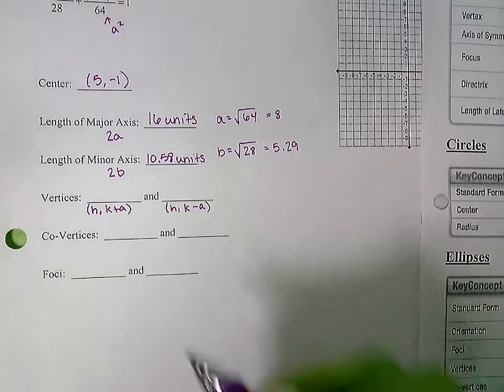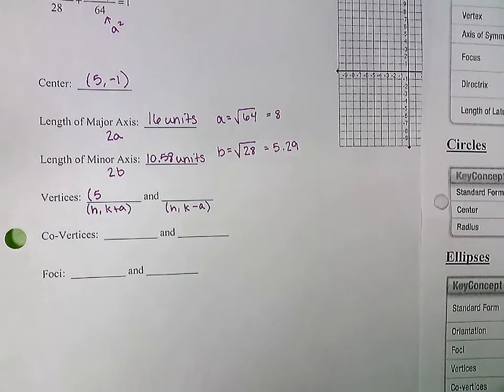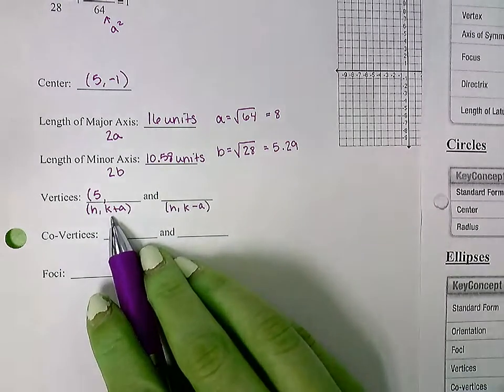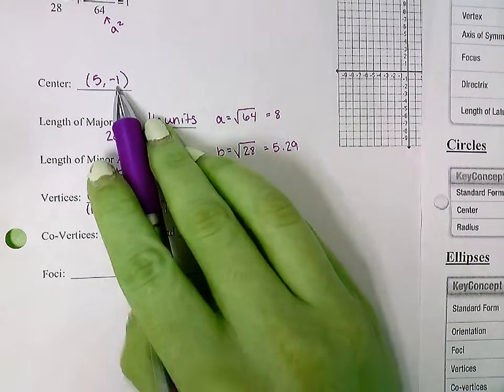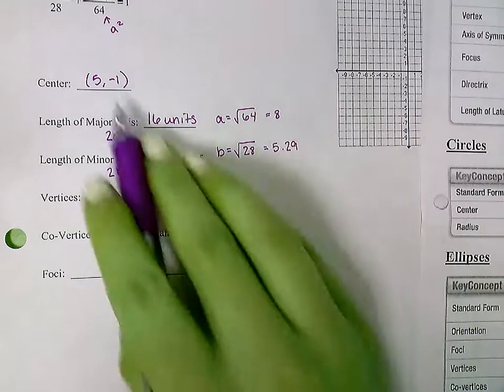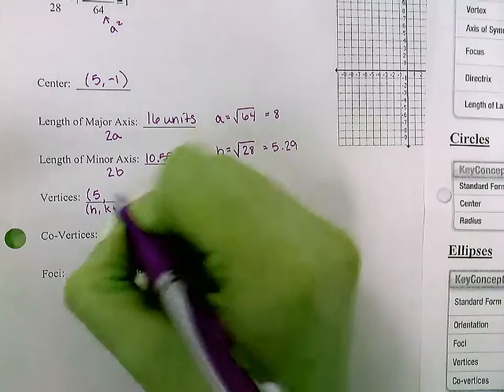My h value stays the same, so that stays as 5. Now I'm going to take my k value, which is -1, and add a. So -1 plus 8 is 7.